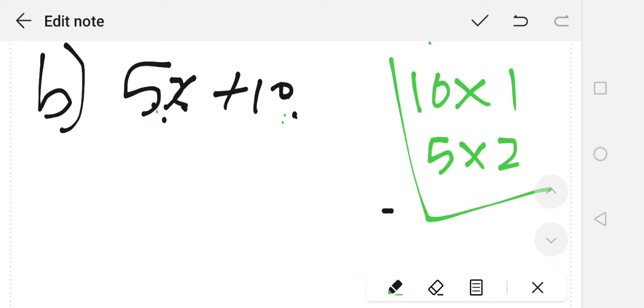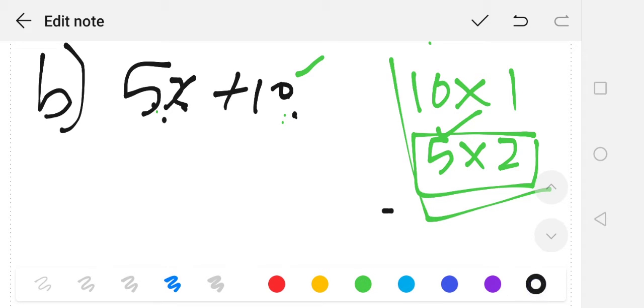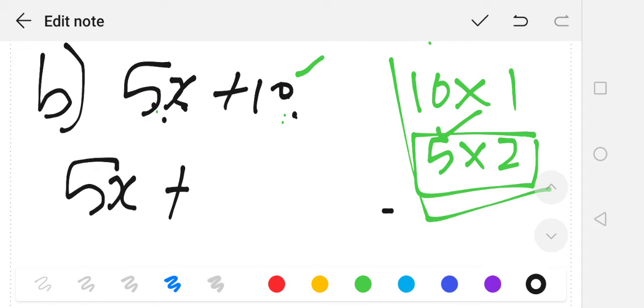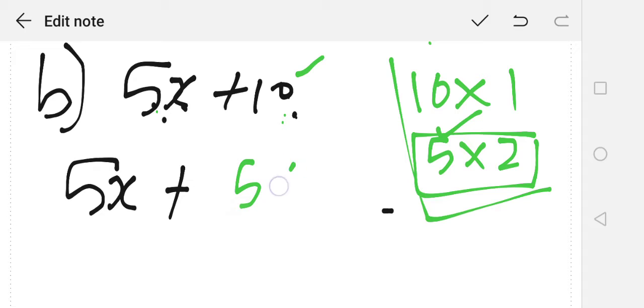So now we will write this 10 in the form 5 times 2, because the factors 5 times 2 include 5 in them. So now we will write down 5x and we will write 10 as 5 times 2.